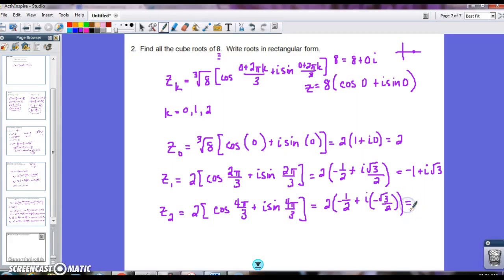So that would give me negative 1 minus i root 3. And that's hard to read, but that's what that says. Let me rewrite that. Negative 1 minus i root 3. There it is, if you can't read that.